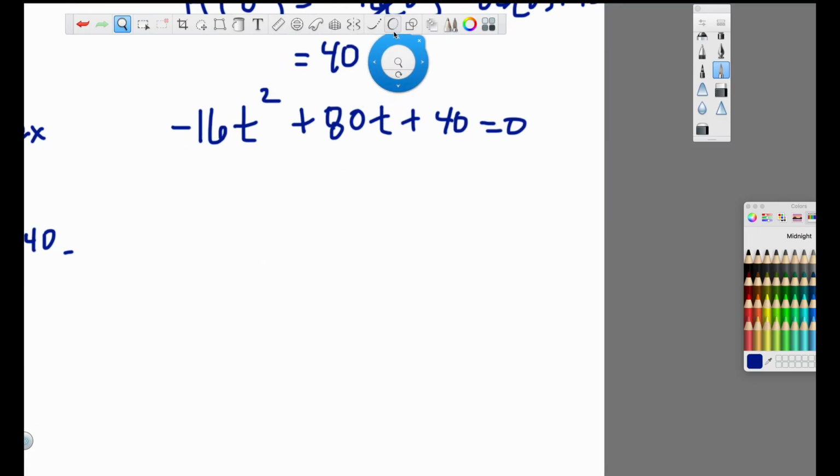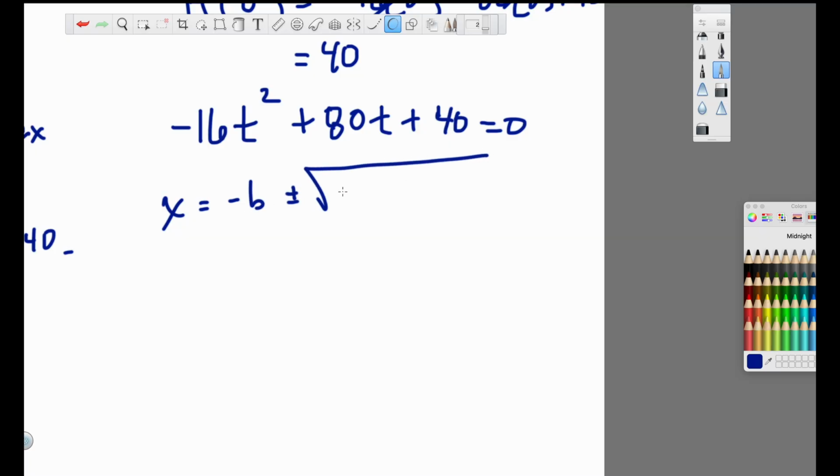The thing about this, though, guys, is this is not easily factorable, maybe not factorable at all. So I'm just going to put this in the quadratic formula, which you guys have in your notes if you need to check it.